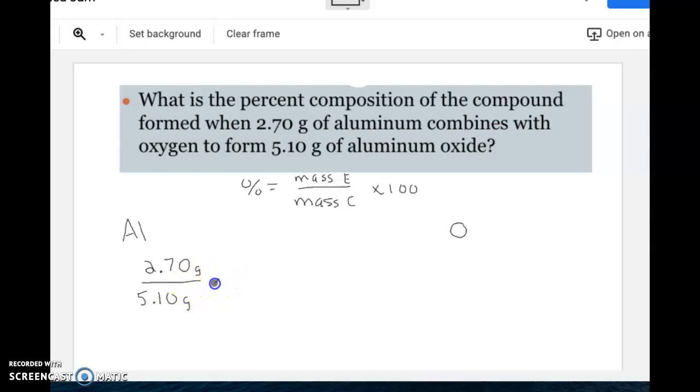Once we divide that out, we multiply by 100 to get a percentage. This ends up being 52.9%.